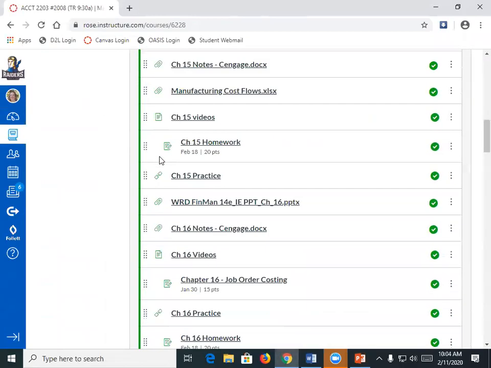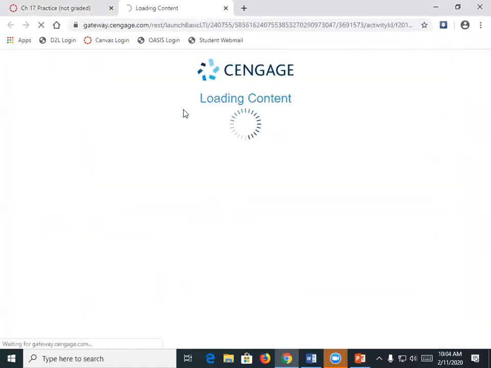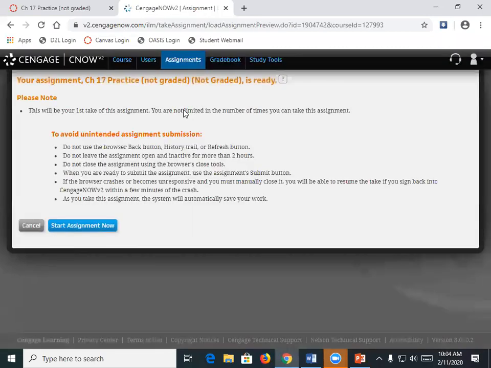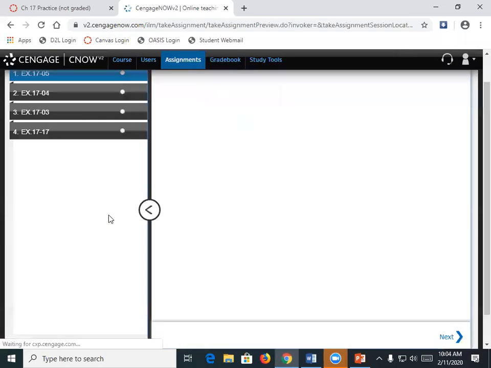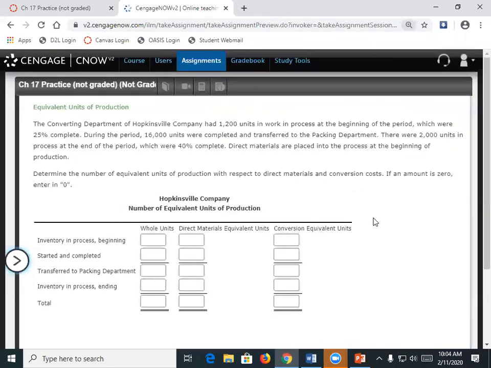So I'm going to go into the chapter 17 practice. This very first problem, notice we have 4 because one of them is kind of long, is just dealing with equivalent units of production.